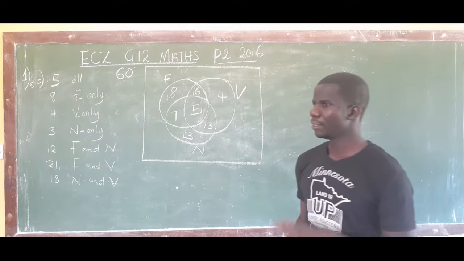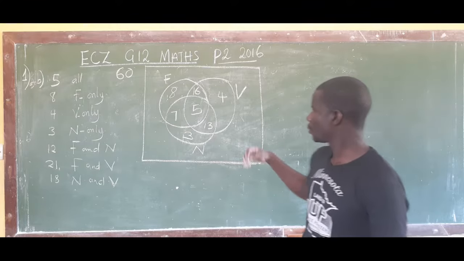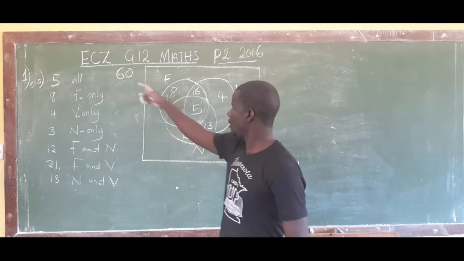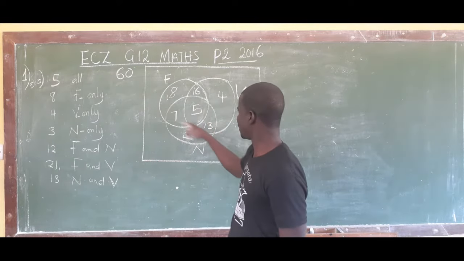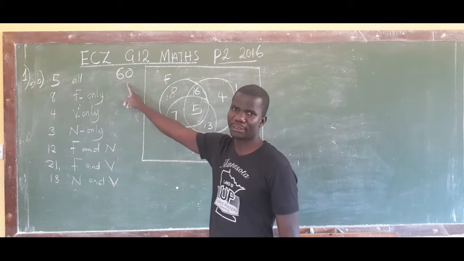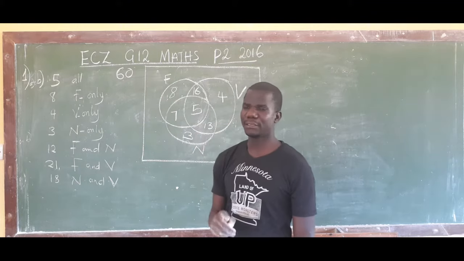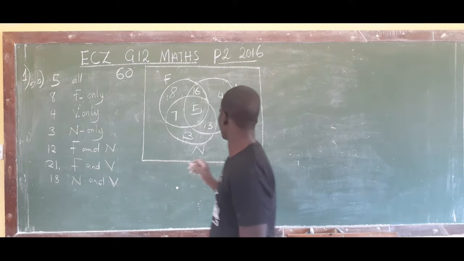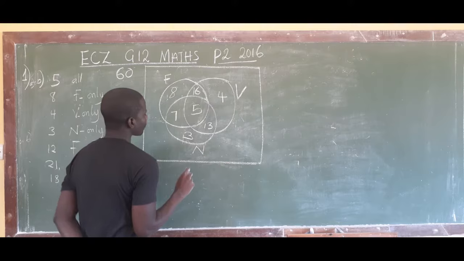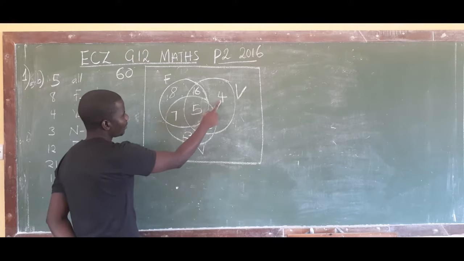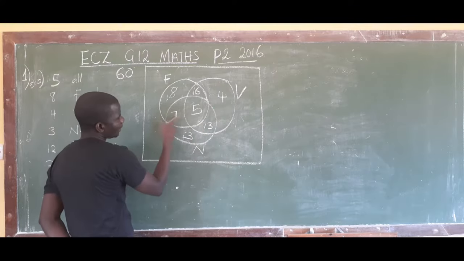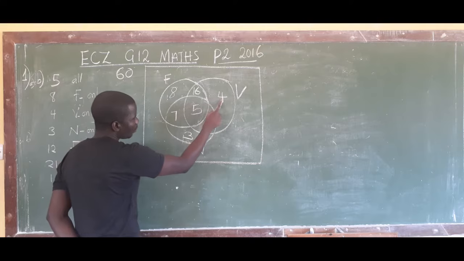But then, we still have to verify that when we add this, it adds up to 60, because the total number is 60. So let us see. This is going to give us 20. When you add this 12, it will be 32.